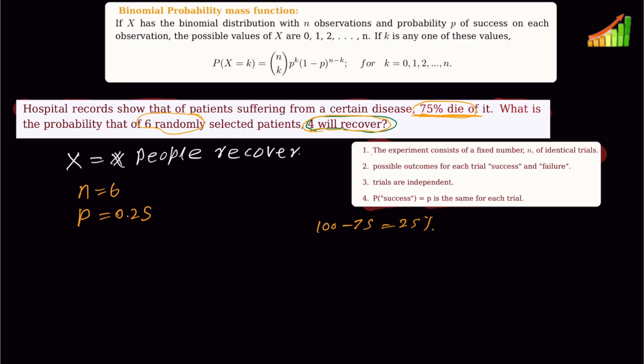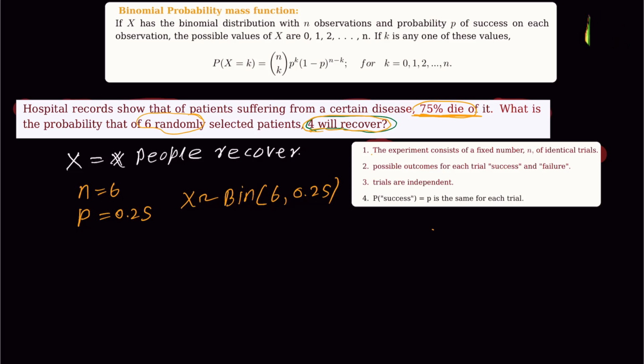That is the success probability. All four conditions are satisfied. Therefore, we can say X has a binomial distribution. What are the parameters? X has binomial distribution n equals 6 and success probability is 0.25.